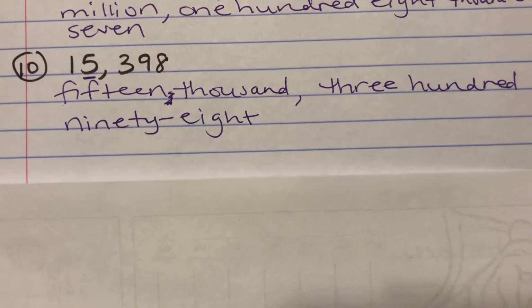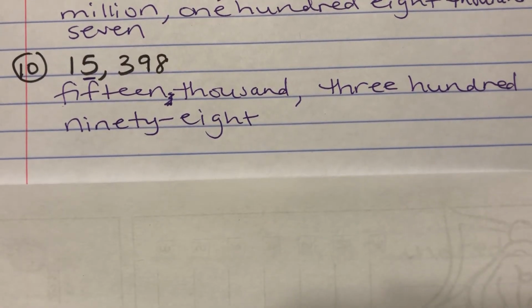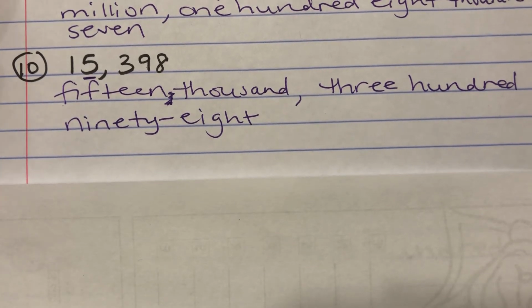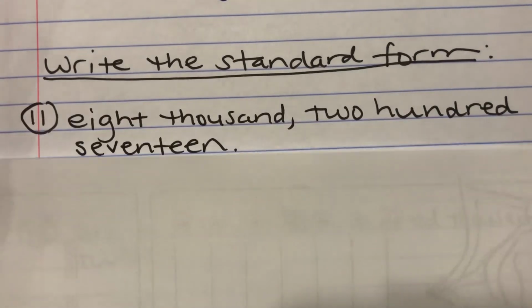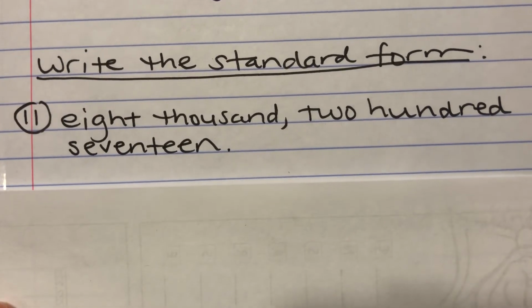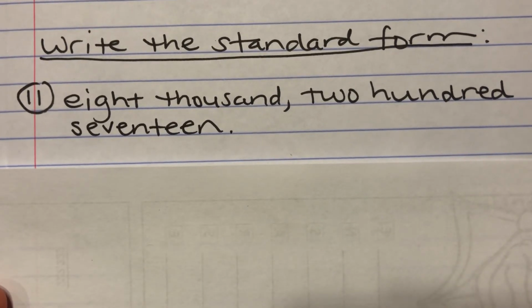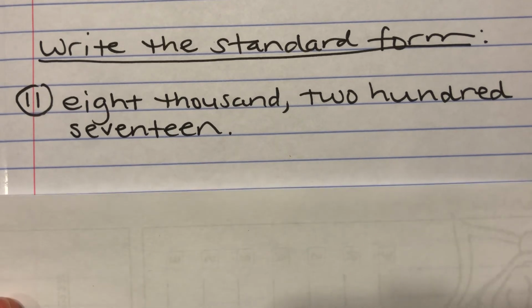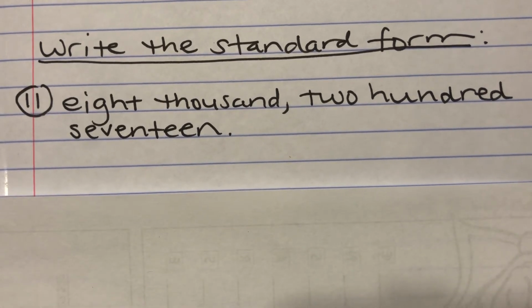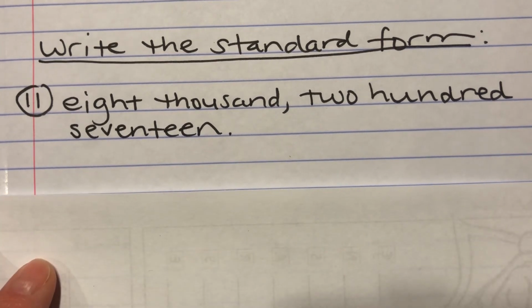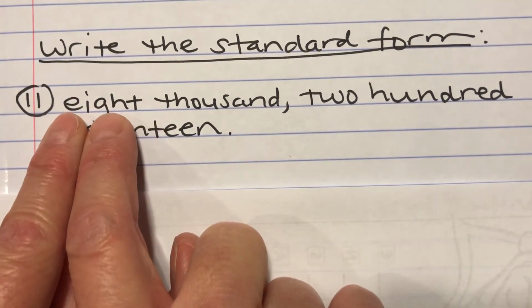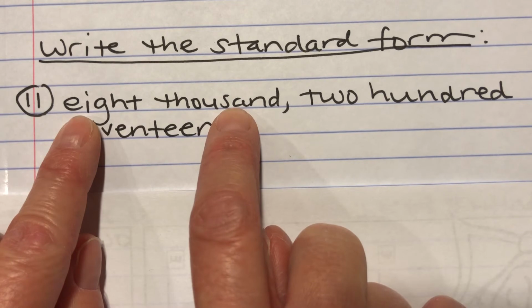Okay, one more little section here. In this last section, I'm gonna give you the words and I want you to write the number in standard form, okay? So here are the words. Check that out, press pause, try to write out that number on your whiteboard or your scrap paper, whatever you're working on. Okay, so first off, I see 8,000.